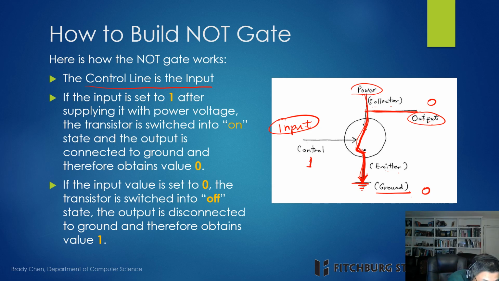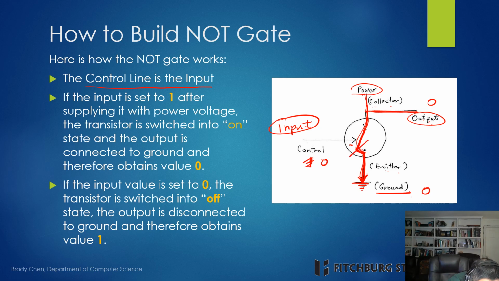Now, what about the opposite? If the control line is set to 0, that means it will be disconnected. The transistor's collector and emitter will be disconnected.